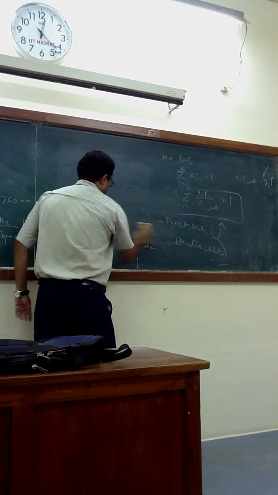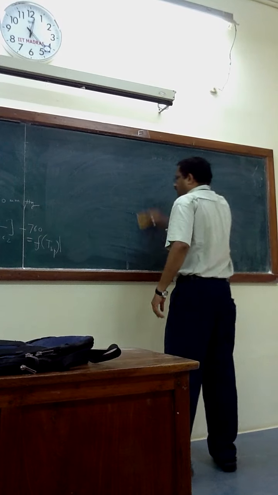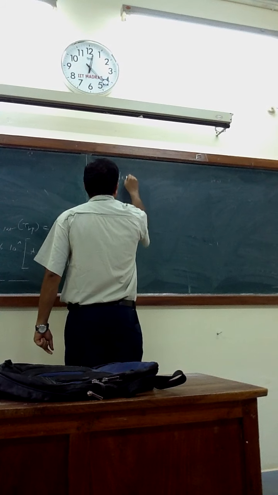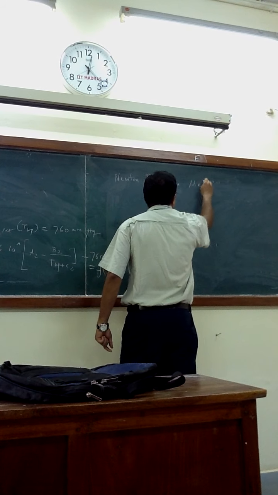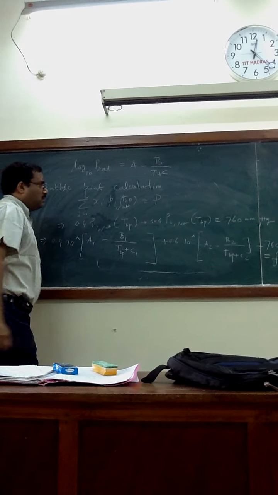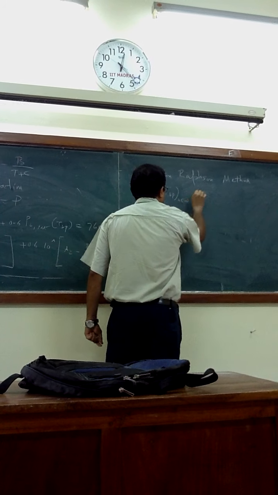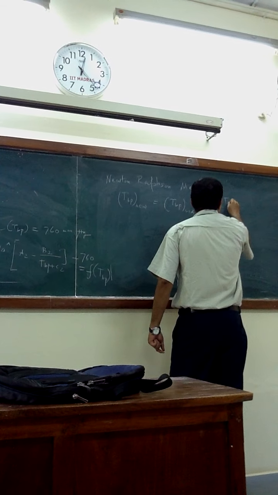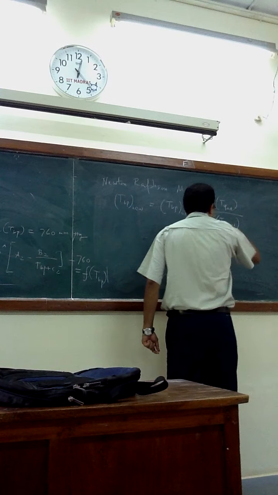From the introduction, TBP new equals TBP old minus F of TBP old by F prime of TBP old. Am I correct?